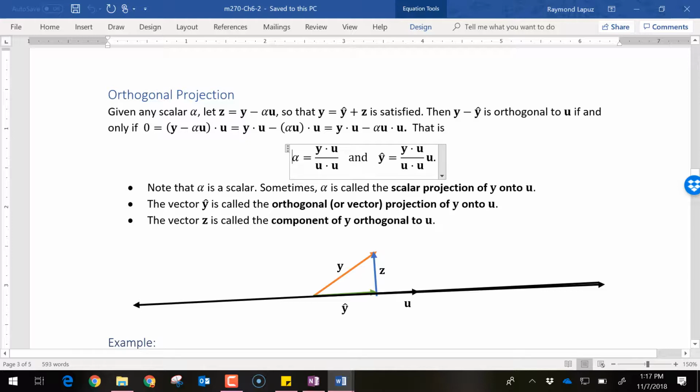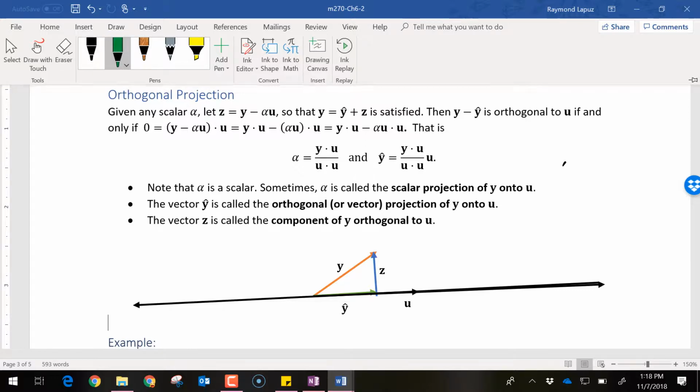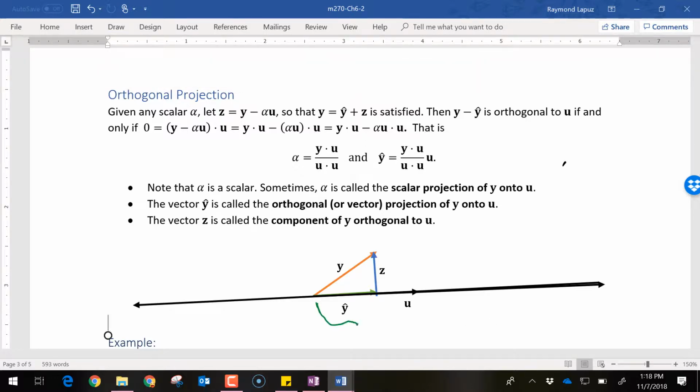So in this picture, you multiply u by alpha to get that length. And so somewhere over here, y hat is equal to alpha u somewhere.